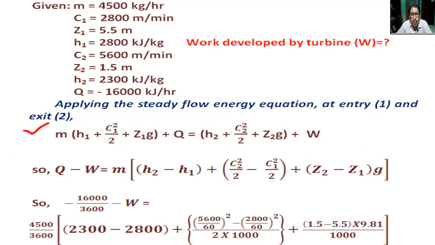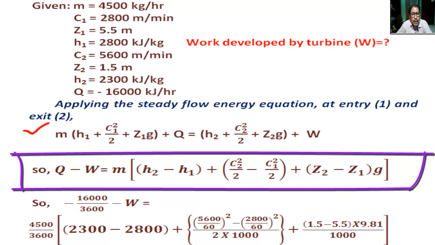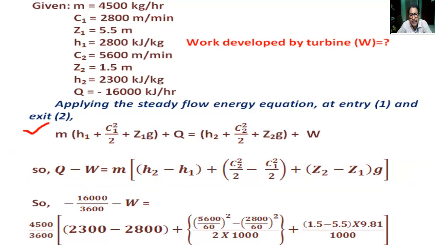Now Q minus W equal to M times [(H2 minus H1) plus (C2 square by 2 minus C1 square by 2) plus (Z2 minus Z1) into G].